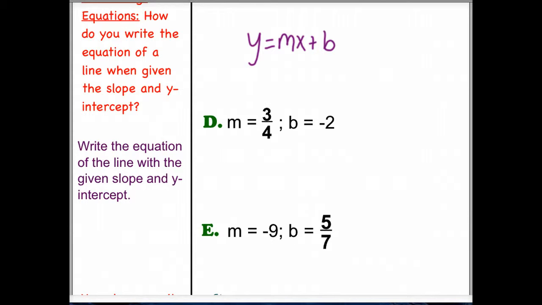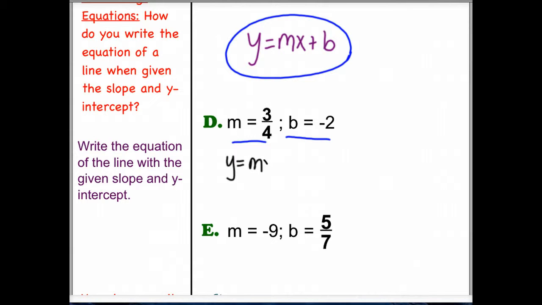We're going to use the slope and the y-intercept to write an equation of the line. We want to write it again in this equation, y equals mx plus b. This is really easy because you just plug in the numbers. So you have y equals mx plus b. So really it's y equals 3/4 x minus 2.